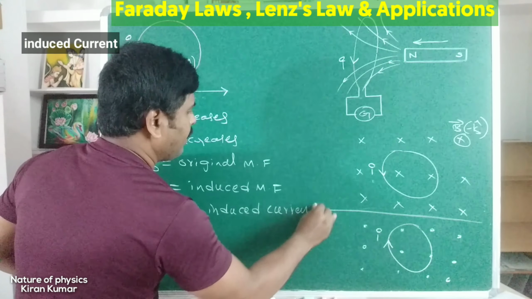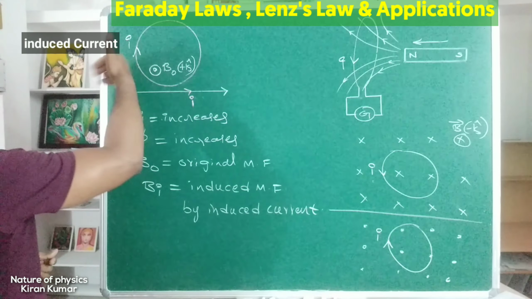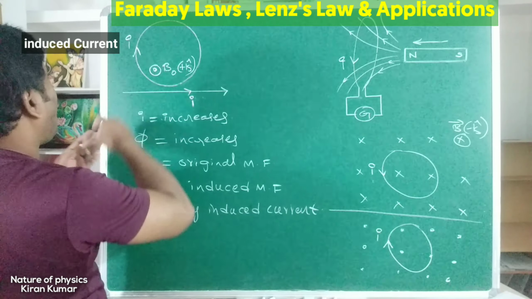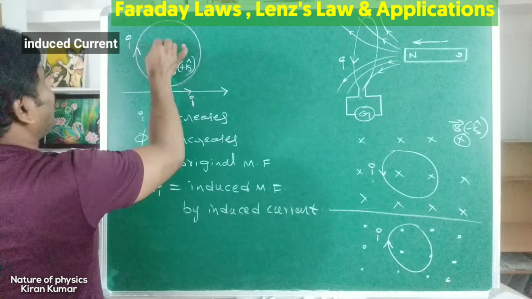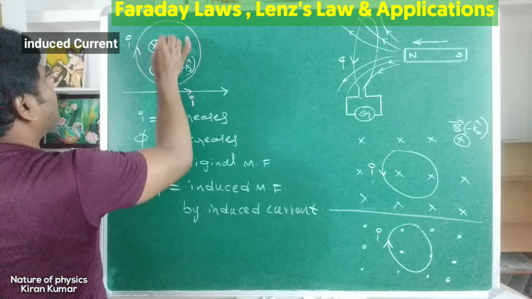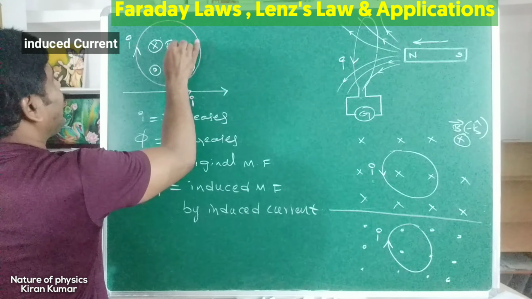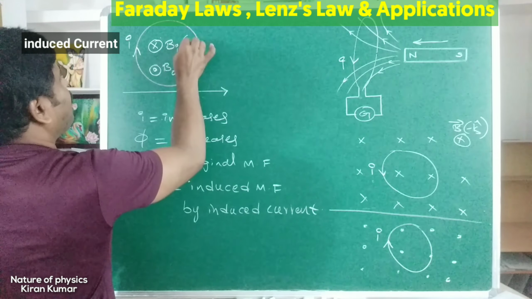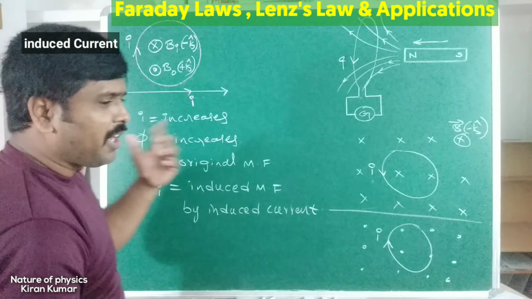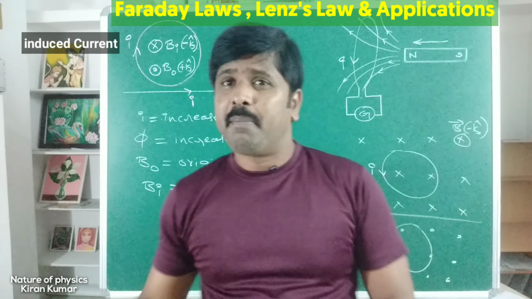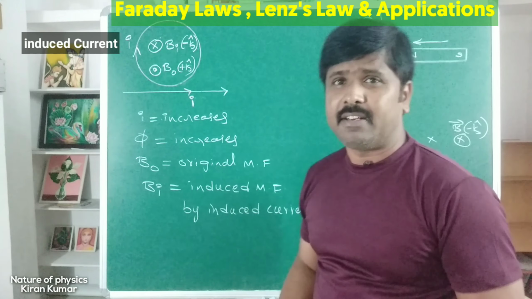Here also I am applying the right hand thumb rule. Outside the loop the magnetic field is out of the paper, and in the coil it is into the paper, BI. So minus K cap is the direction of the induced magnetic field by the induced current.